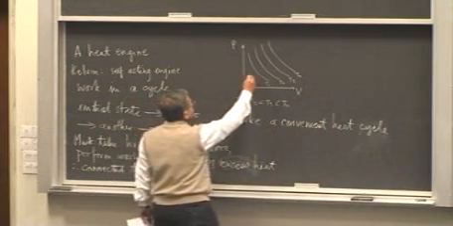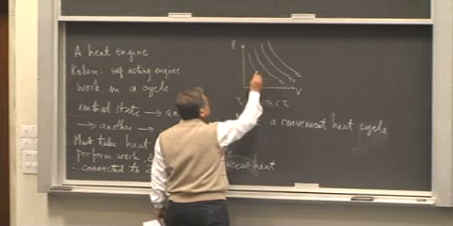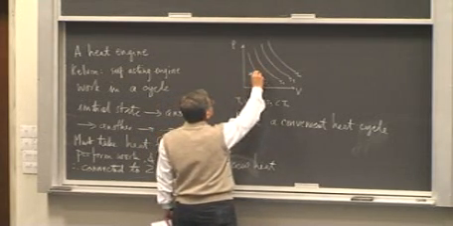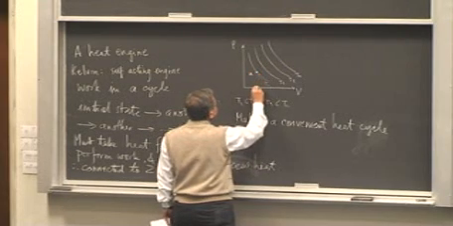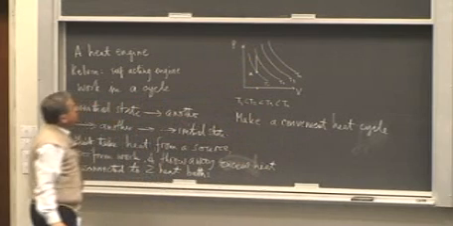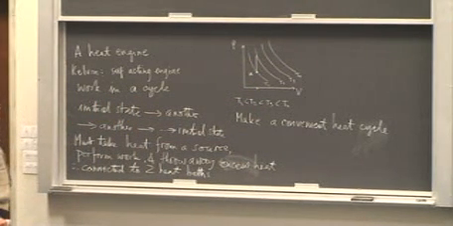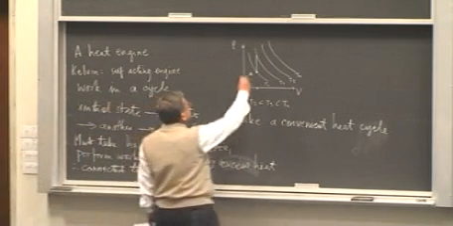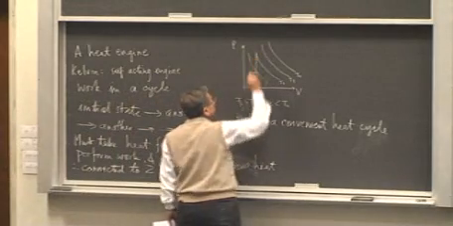I will start from anywhere here, for example, starting point A, and I will keep volume constant at this level and increase the pressure. Keeping volume constant, I will increase the pressure. That will take me to a higher value of temperature. Okay?